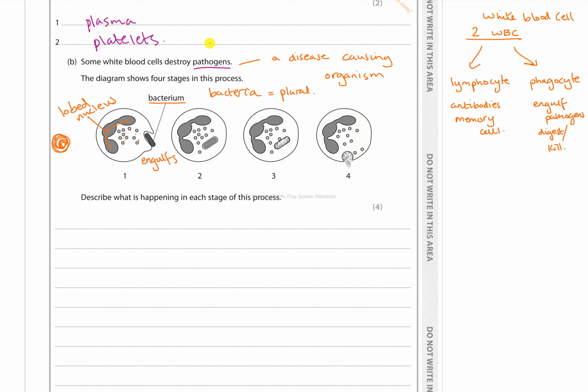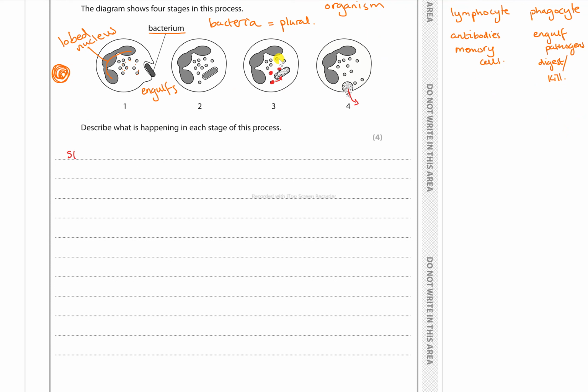I'm just learning this myself, so I was just reinforcing it now. Then these digestive enzymes will attack this and break it down, and then it expels the waste products of the digestion process.